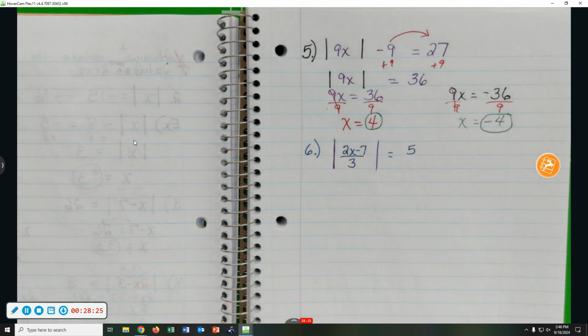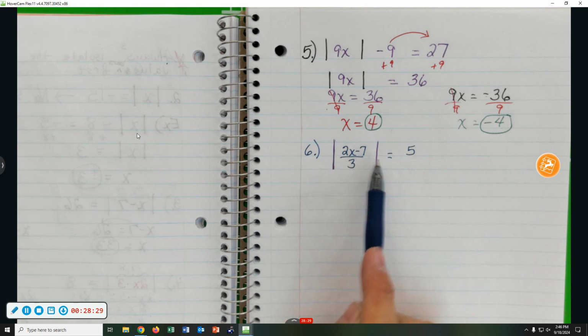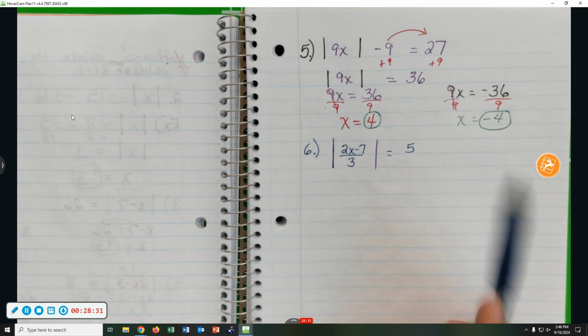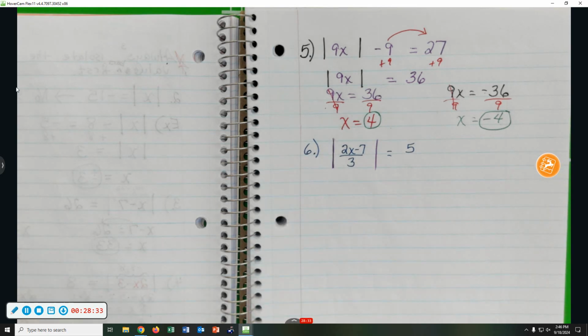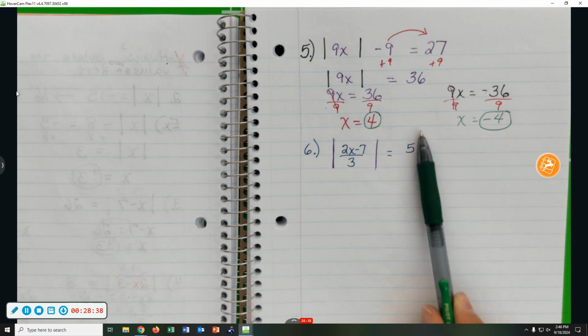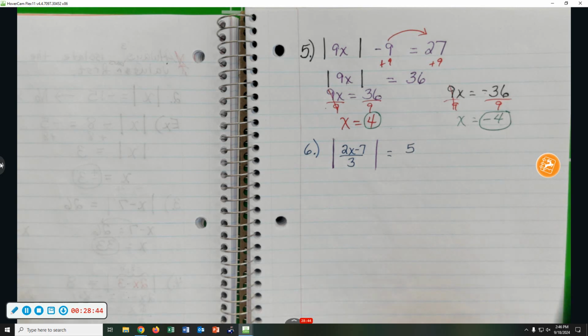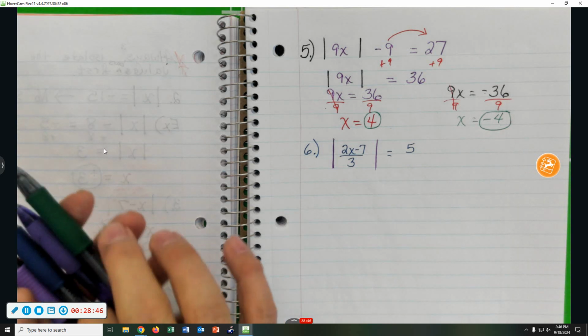On this one, the absolute value bars are already by themselves. So there's nothing to do to isolate them. Is it a no solution one? We wouldn't be so lucky. The number over here is positive. If it had been negative, we'd say no solution. So just equal positive, equal negative.